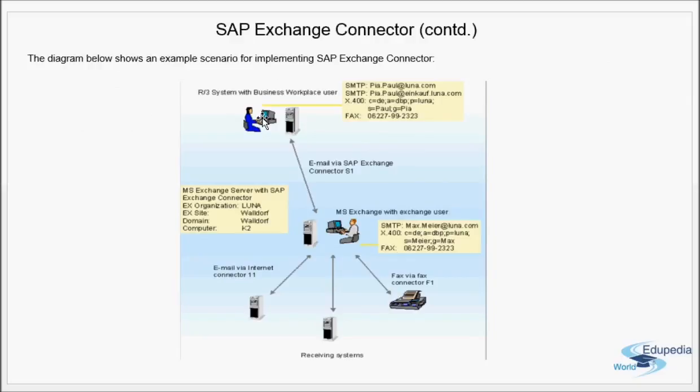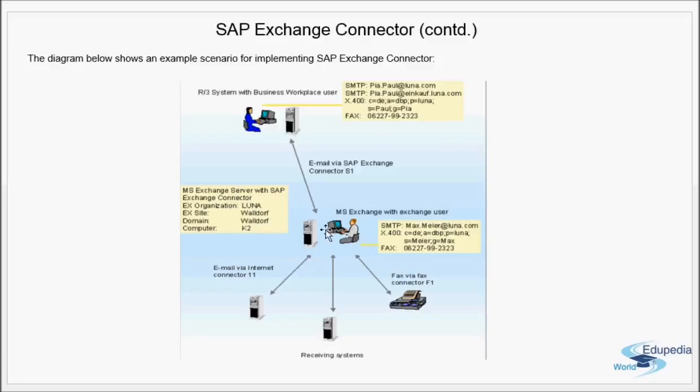A user using his desktop will connect to the R3 system, which first gets connected to the Microsoft Exchange server. Using this Exchange server, the internet, fax or whatever other connections are made from this Exchange server. So the information can be sent and received in both directions.